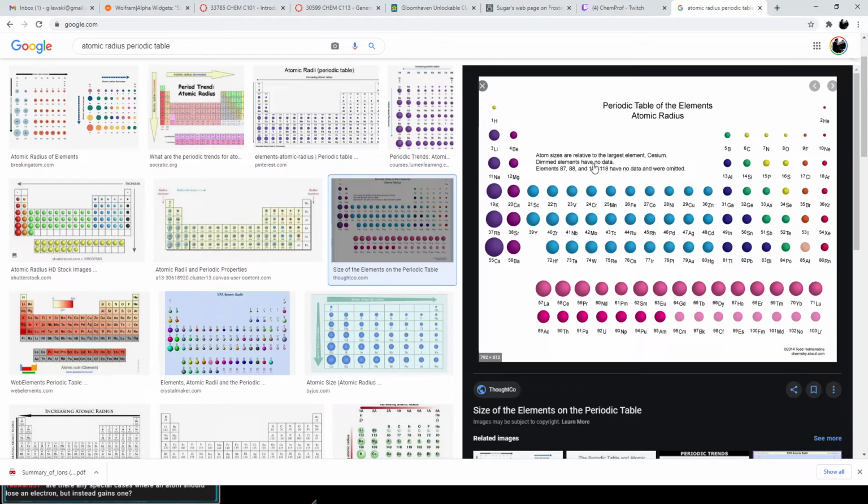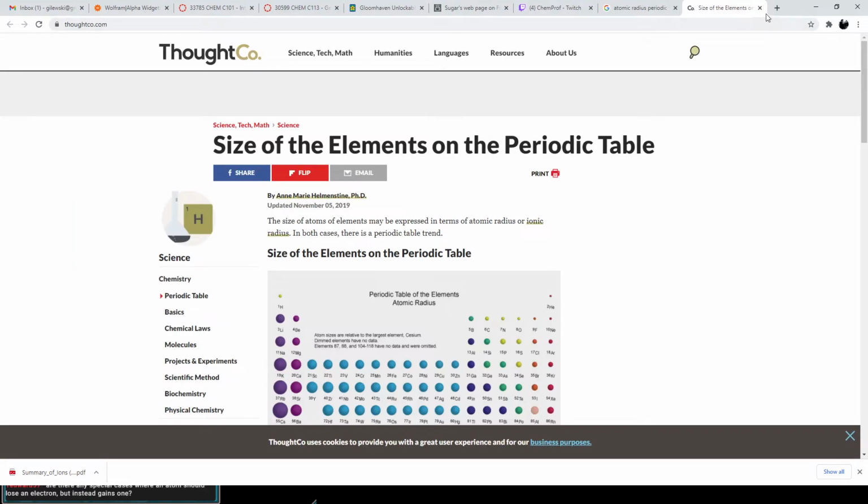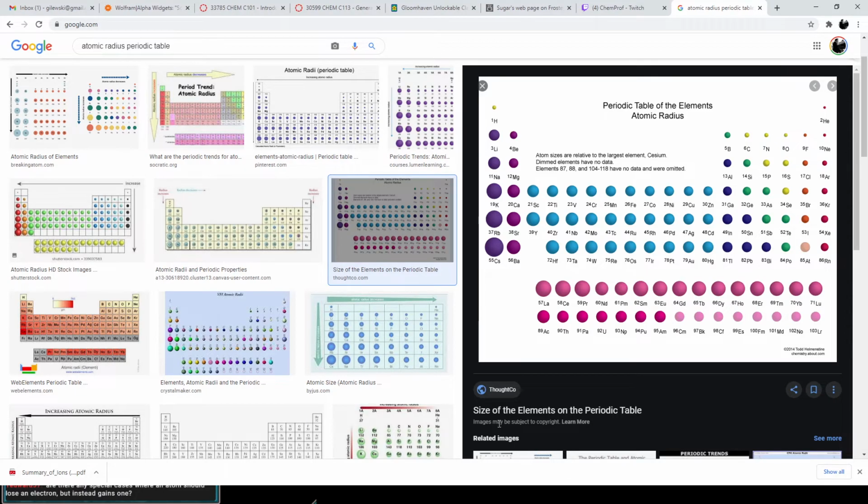Tiny, tiny, tiny. If we go towards the left here, francium has been omitted. The last row of the periodic table isn't here, but we can see comparatively our bottom left one, cesium right here, is going to be the biggest. So you can see definitely as you go to the left, you get bigger, and as you go down, you get bigger.